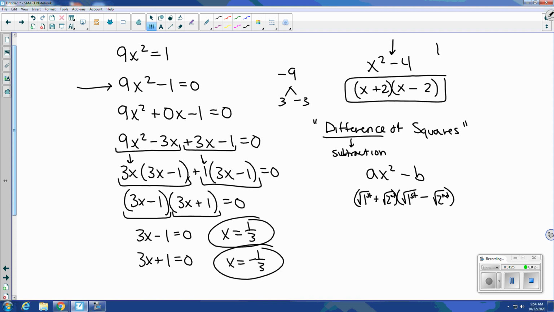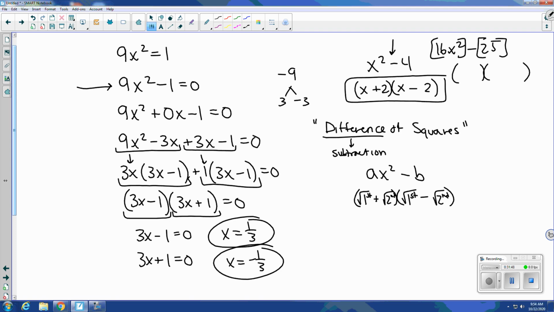One other example. Let's say we have 16x squared minus 1. Or sorry, let's do 25. Perfect square. Perfect square. The number in front matters when considering the perfect square. So 16 is a perfect square. If that was a 12 out in front, we wouldn't be able to do this. So I recognize a difference of two squares.